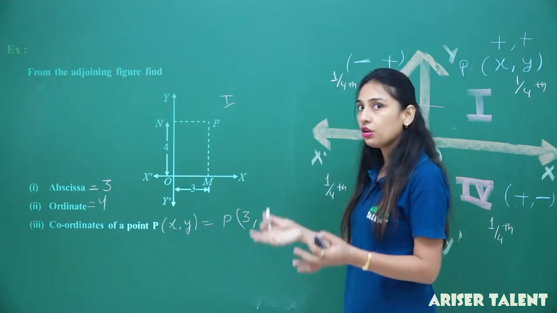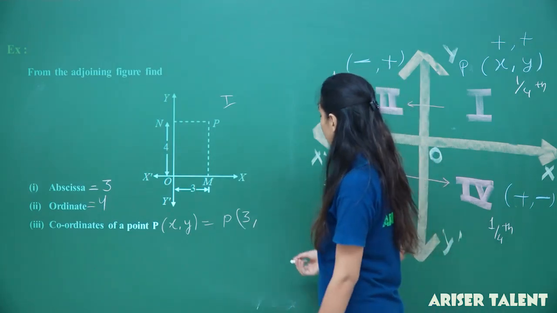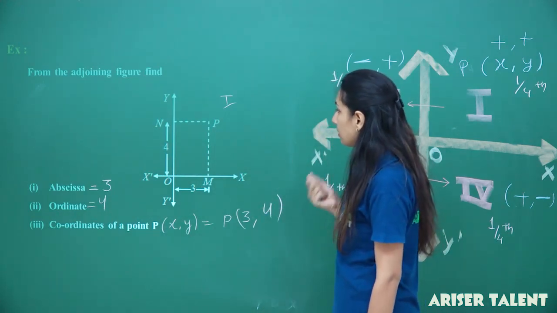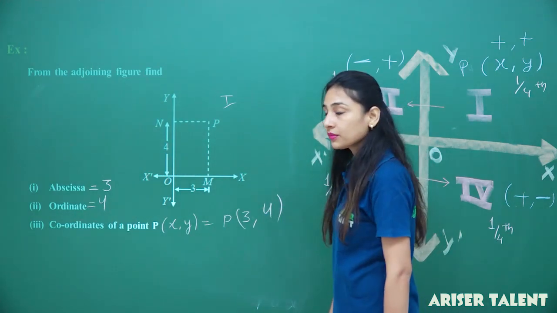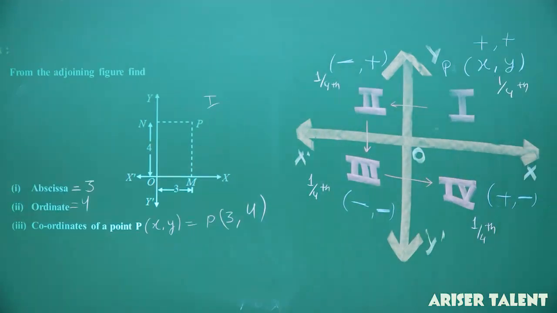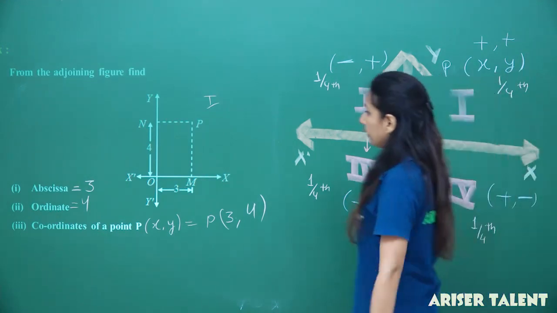In short there will be no negative sign. So the answer is (3, 4). So note it.